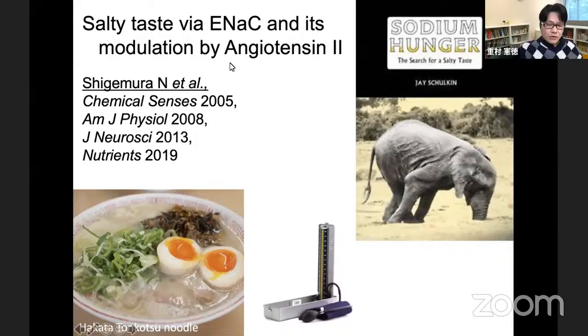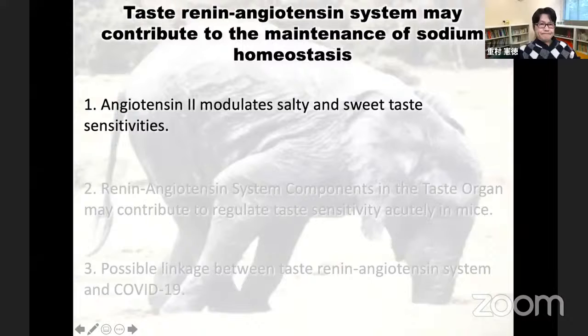This topic about salty and salty modulation is based on these our papers. The first part, angiotensin to modulate salty and sweet taste sensitivities.